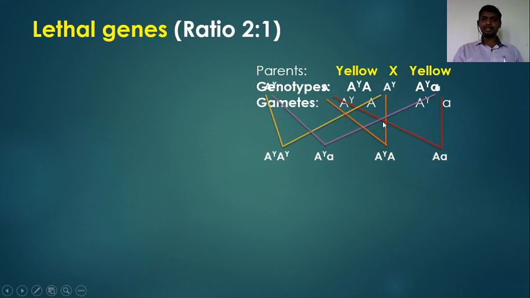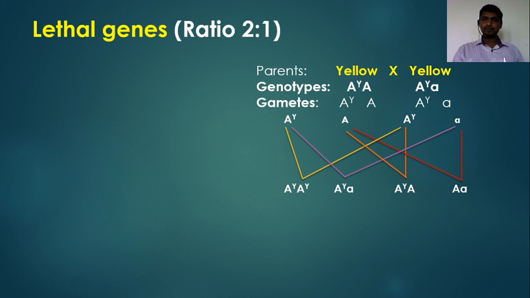These gametes are produced by the combination of these alleles, capital AY, capital A from one parent, and capital AY, small a from the other parent. Okay, these combinations we are going to make here. Capital AY may get associated with capital AY, so the gamete possesses the alleles AY, AY.